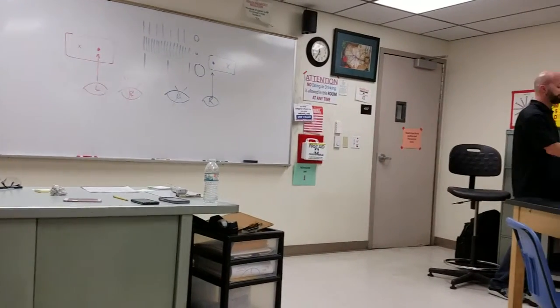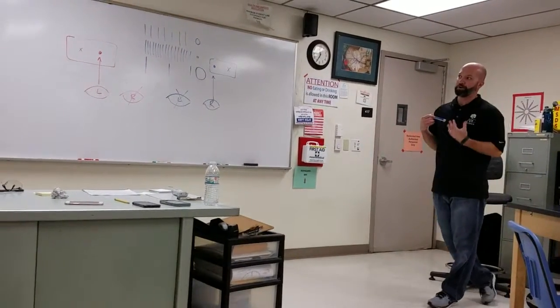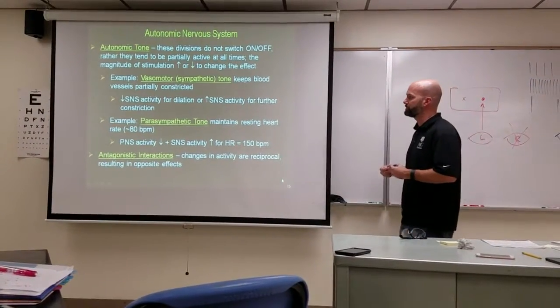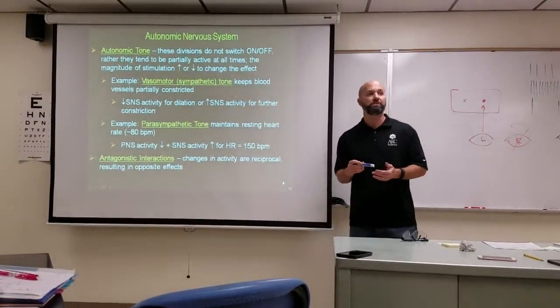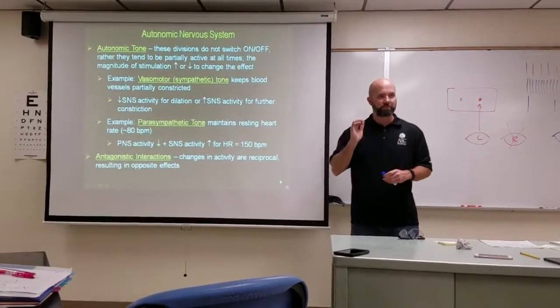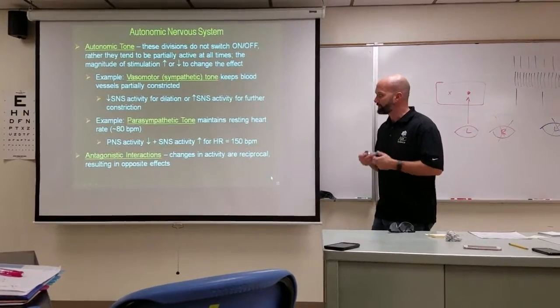The example we used for parasympathetic tone was that of heart. And what nerve provides parasympathetic output to the heart? So we can also refer to it as vagal tone. Right? There's constant stimulation through the vagus nerve. So you have vagal tone or parasympathetic tone to the heart.